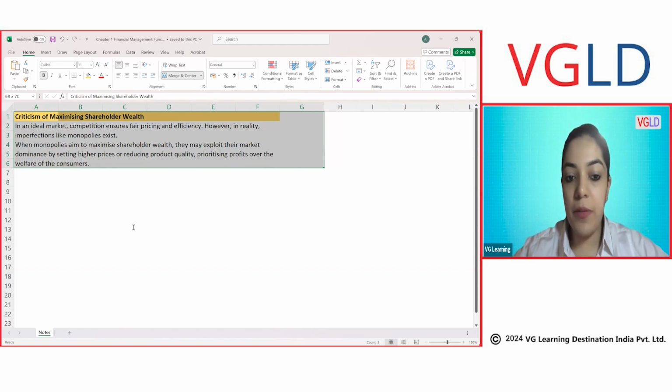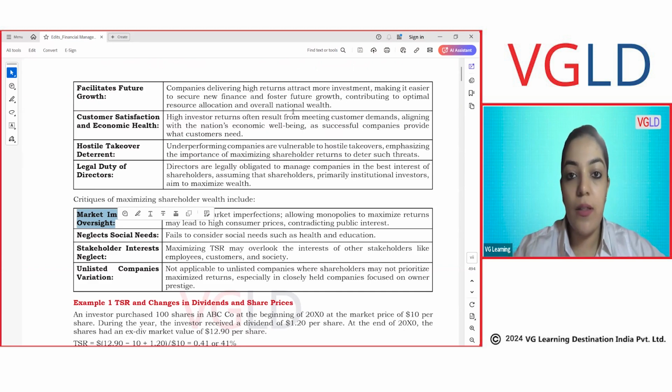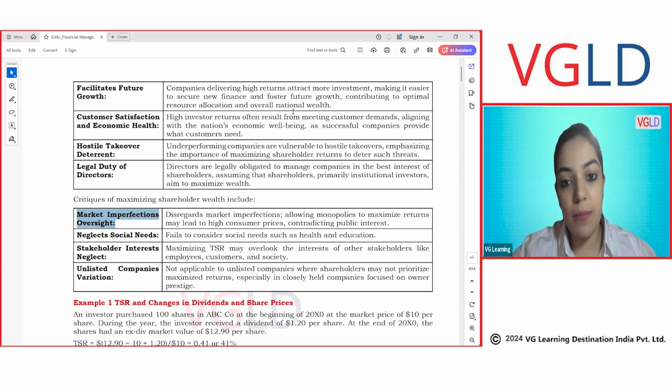So this was market imperfections oversight. That means if there are imperfections in the market, like monopoly situation, in that case, this PDF is the VGLD book. You all would have got it now. I asked this earlier also, like, please get access to your VGLD book or reach out to Sandeep.